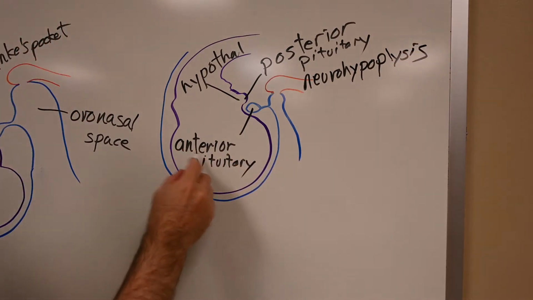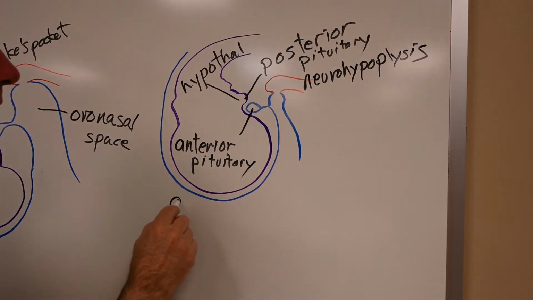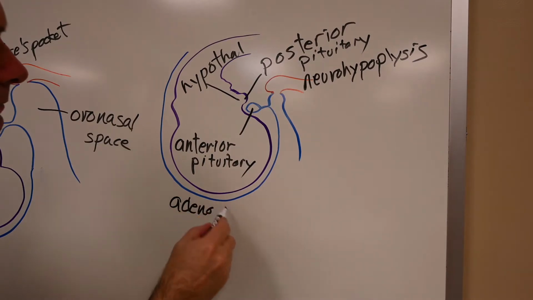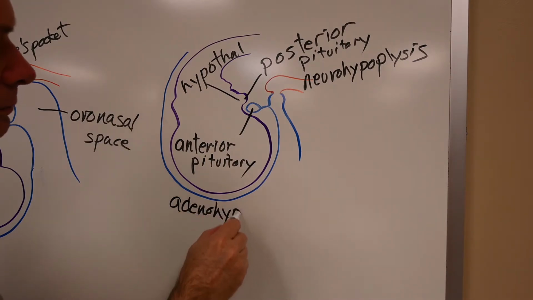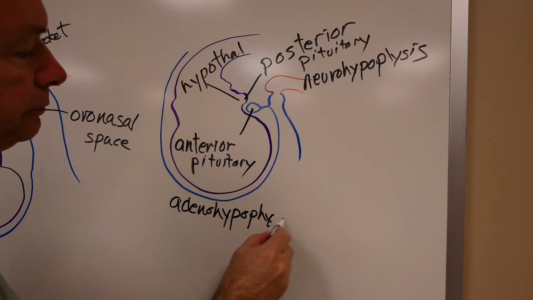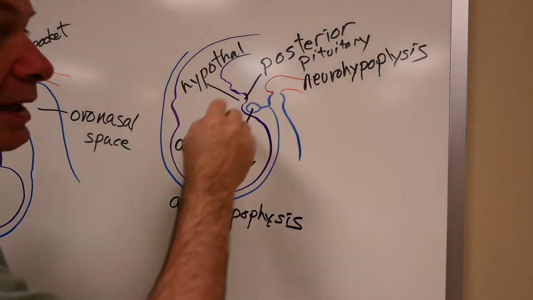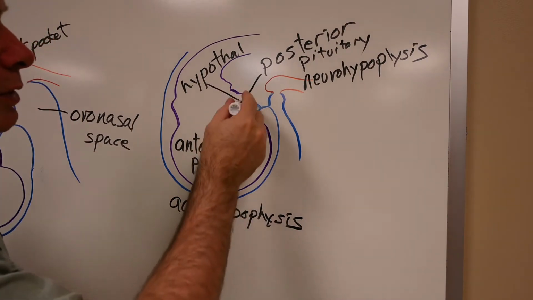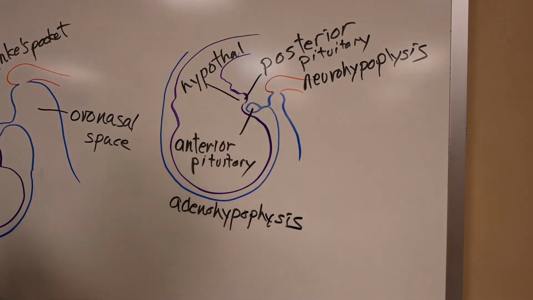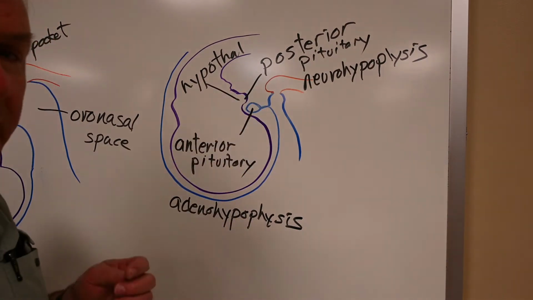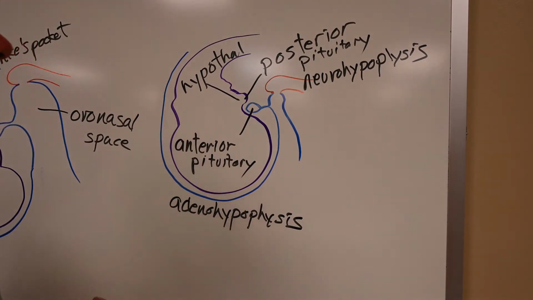Anterior pituitary is also known as the adenohypophysis. Adenohypophysis and neurohypophysis make up a single unit that in the end we just refer to typically as the pituitary, and we already know that it rests in the sella turcica of the skull, in the sphenoid.